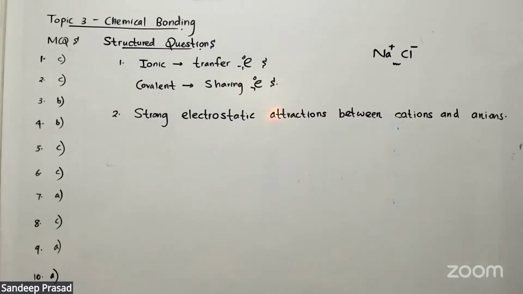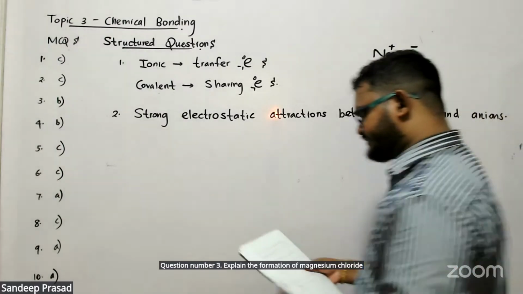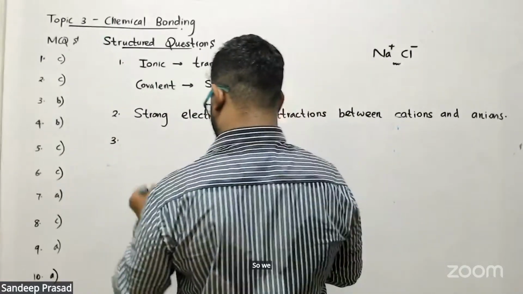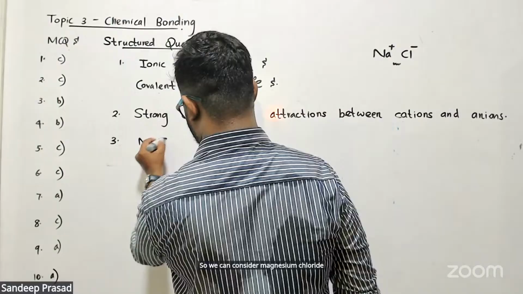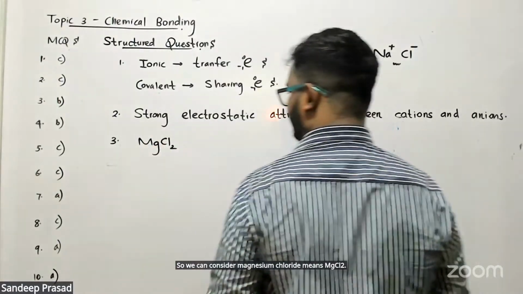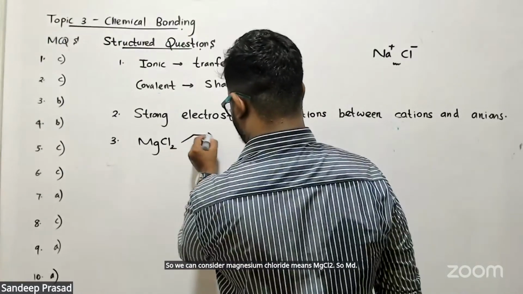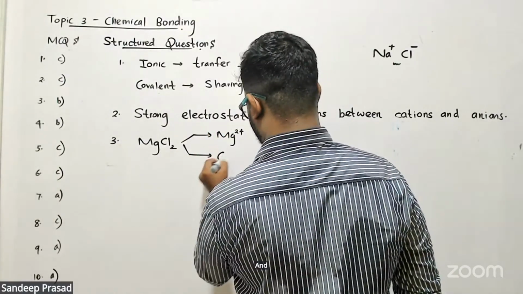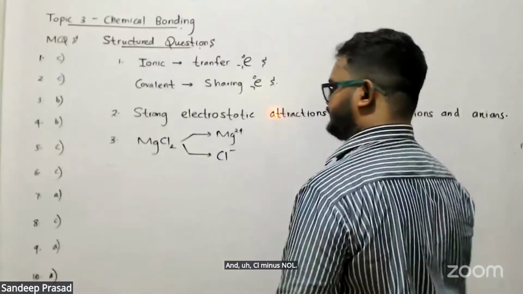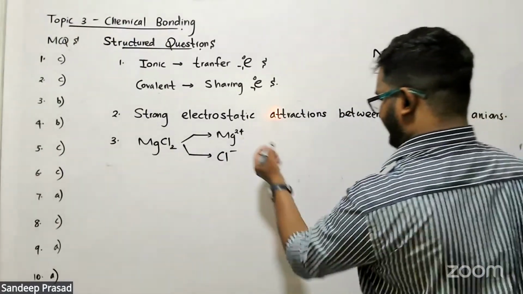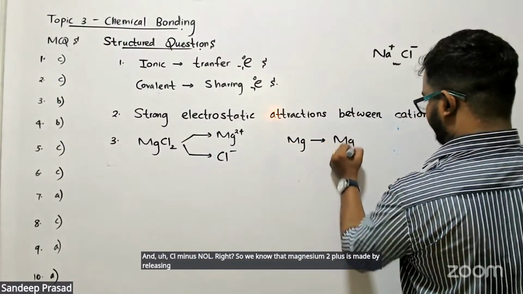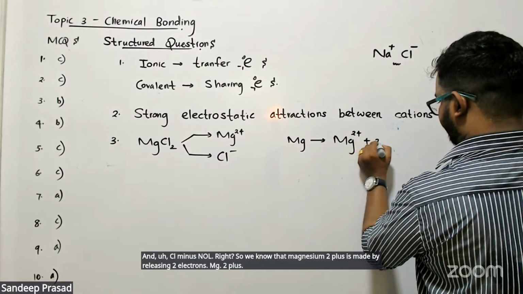Question number 3. Explain the formation of magnesium chloride using electron transfer. So magnesium chloride is MgCl2. So MgCl2 is made by magnesium 2 plus cation and Cl minus anion. We know that magnesium 2 plus is made by releasing 2 electrons, Mg2 plus and 2 electrons.